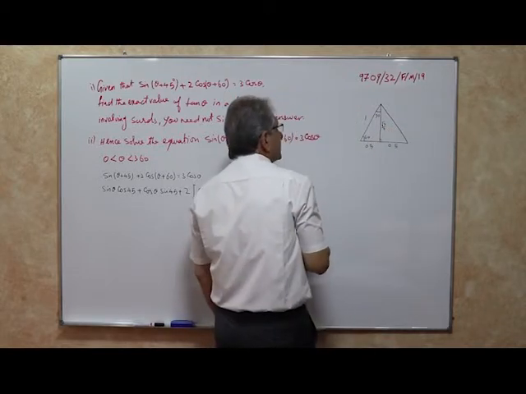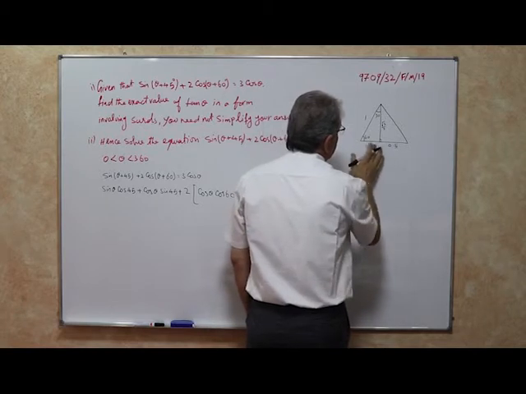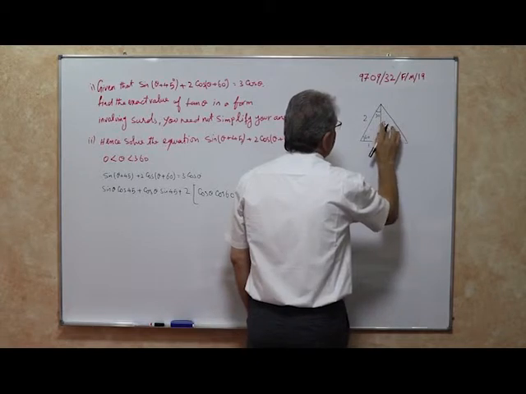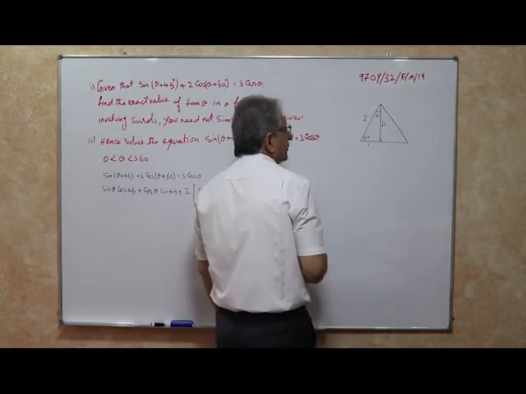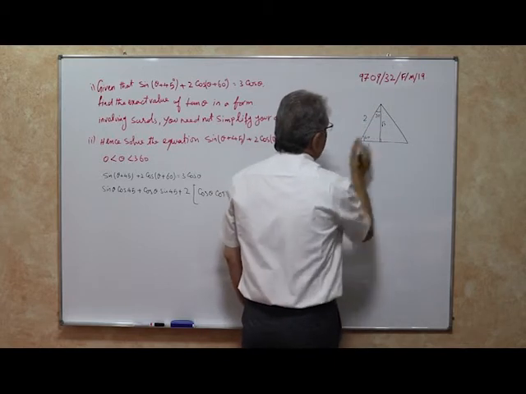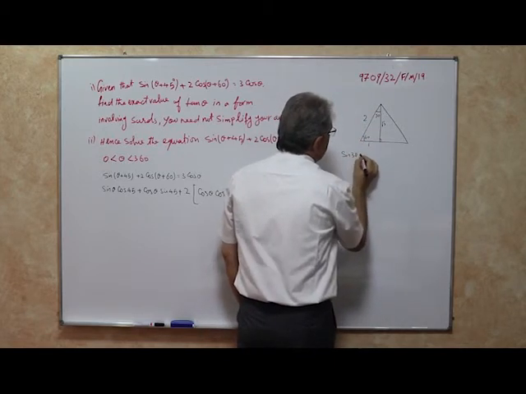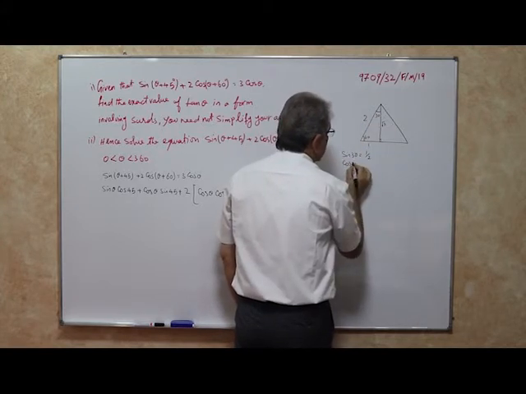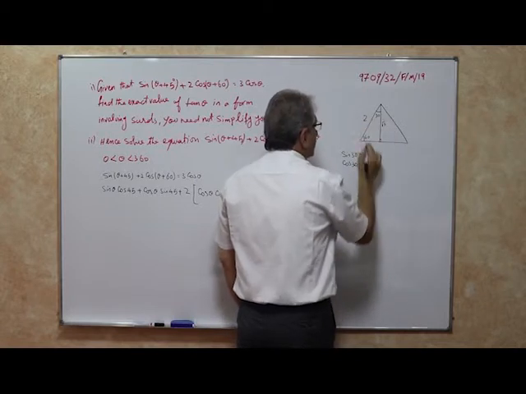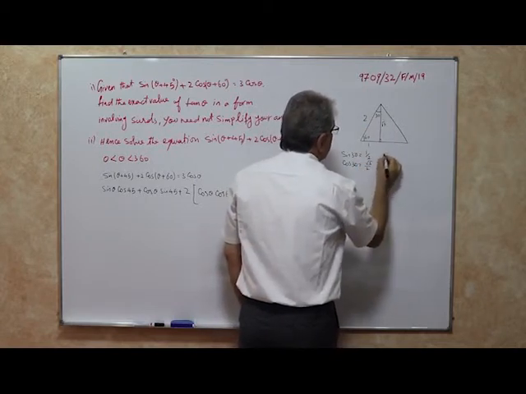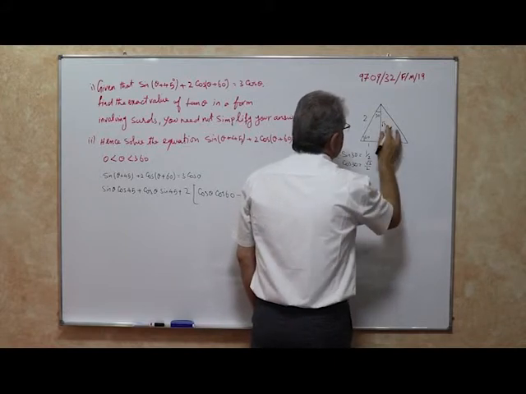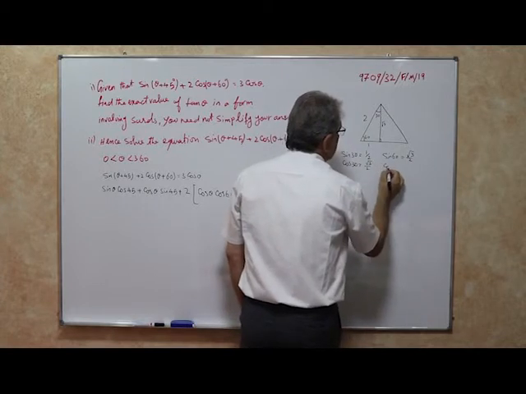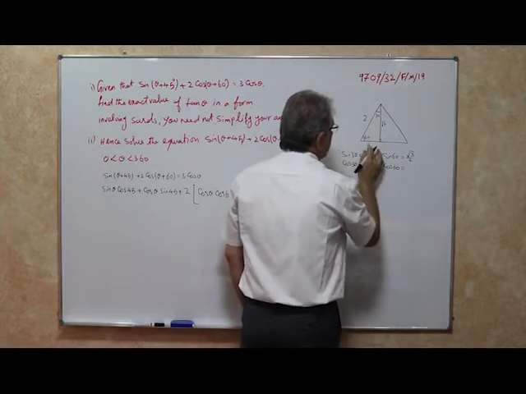Some people like to write it as 2 here, therefore here will be 1, and here a square root of 3. From this we can see that sine 30 is 1 over 2, cos 30 is a square root of 3 over 2, sine 60 is a square root of 3 over 2, and cos 60 is 1 over 2.